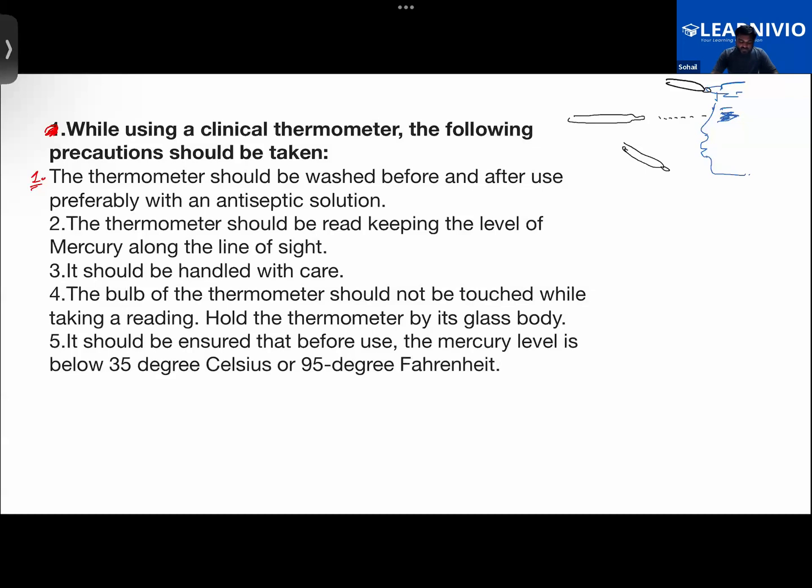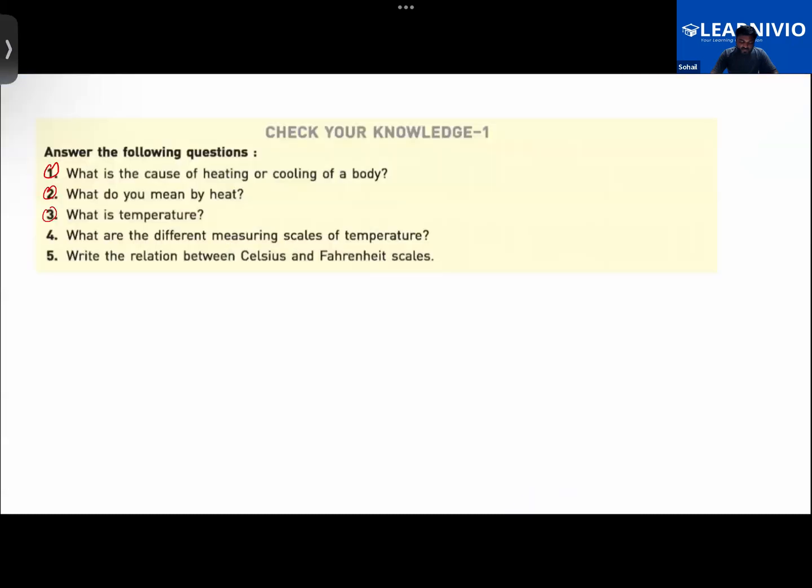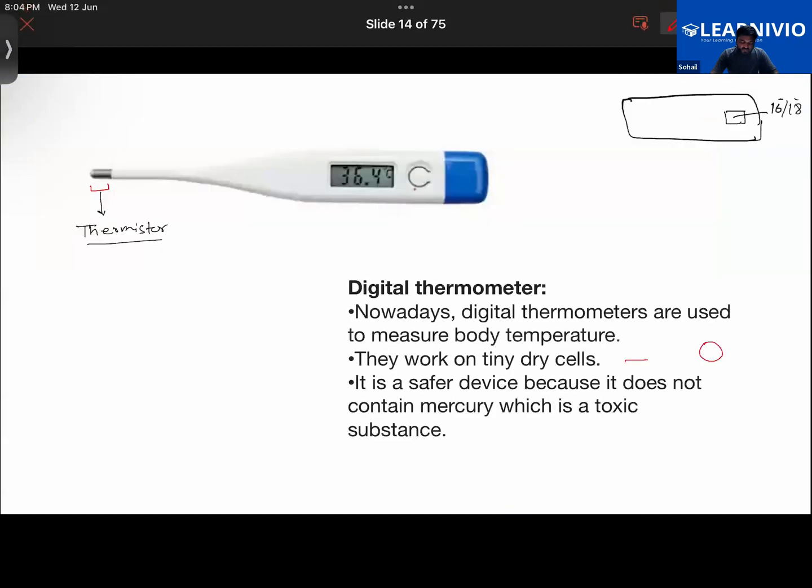Because of all these problems and precautions, we invented the digital thermometer, which has many advantages over the clinical thermometer. A digital thermometer works using a thermistor, an electronic device fitted at one end.